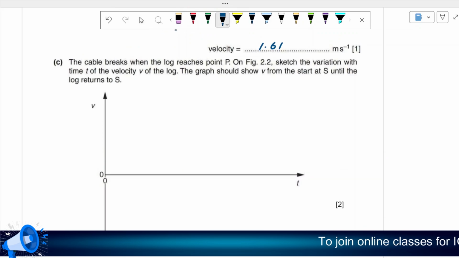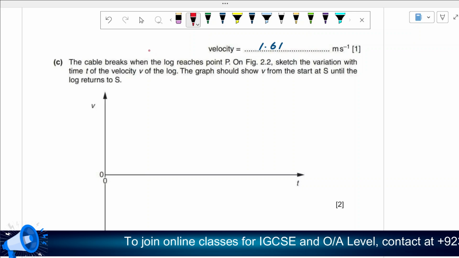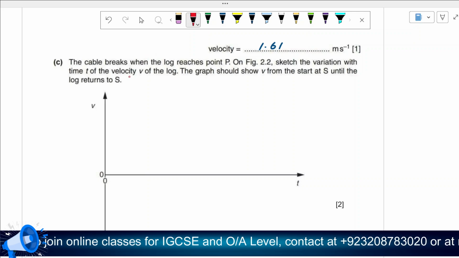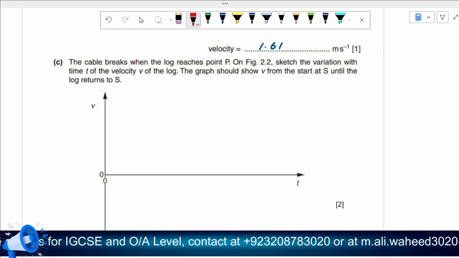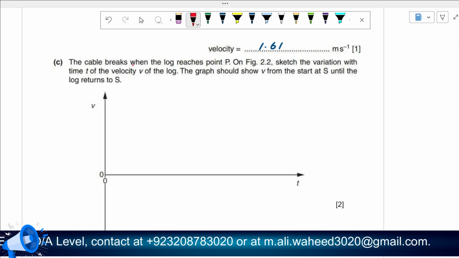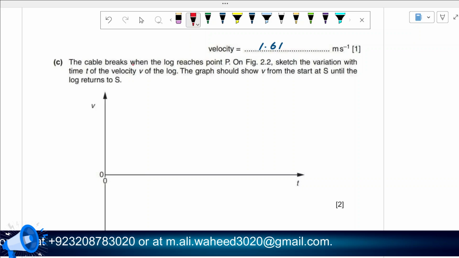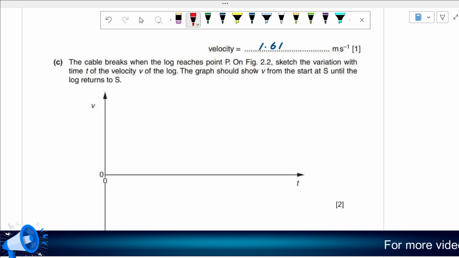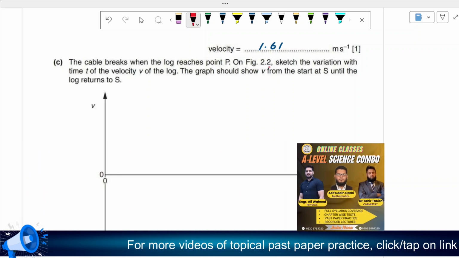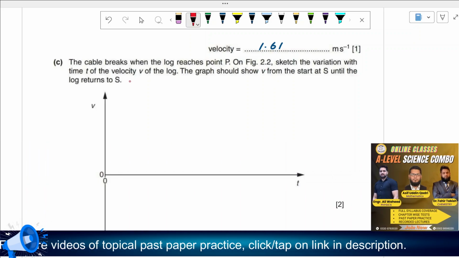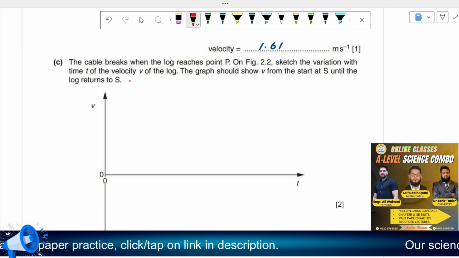Now the most important one, part C. The cable breaks when the log reaches a point P. On figure 2.2, sketch the variation of the velocity with respect to time.